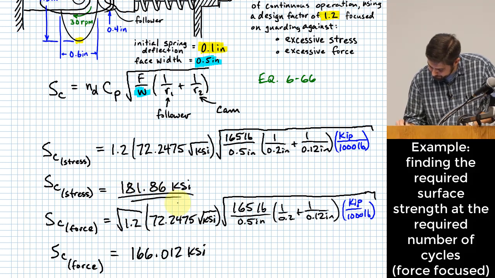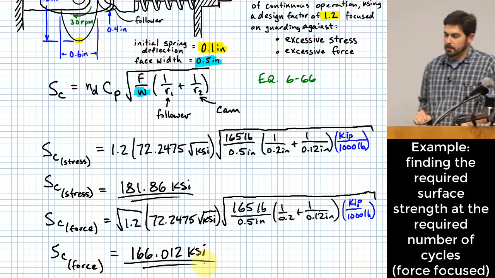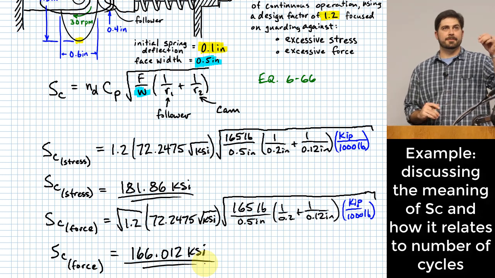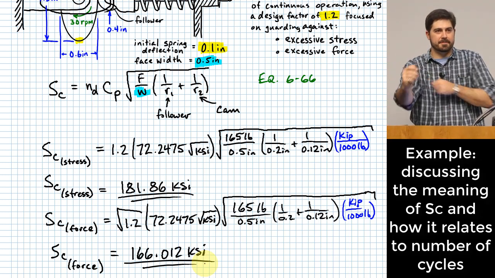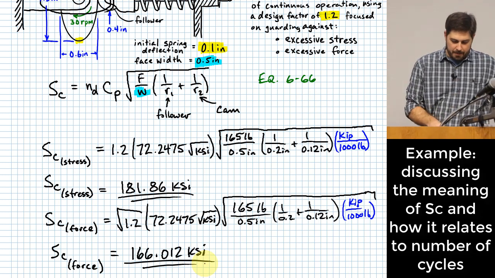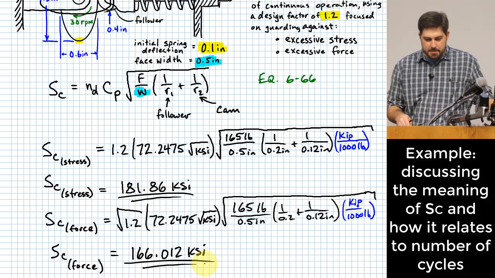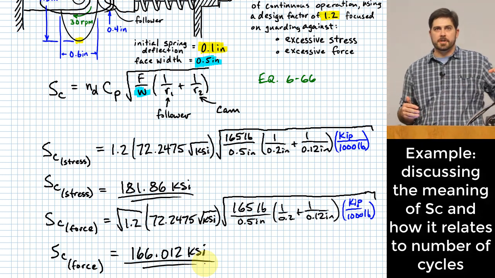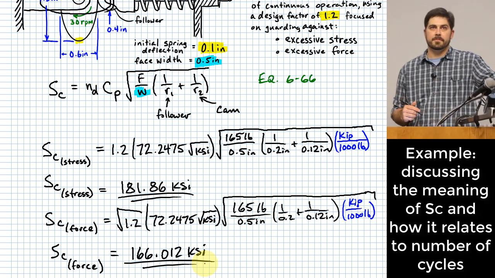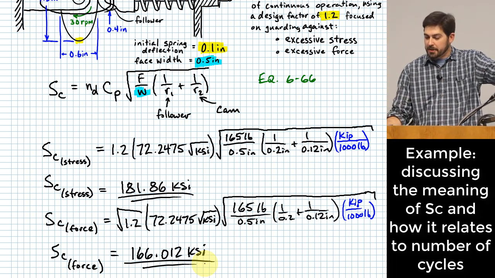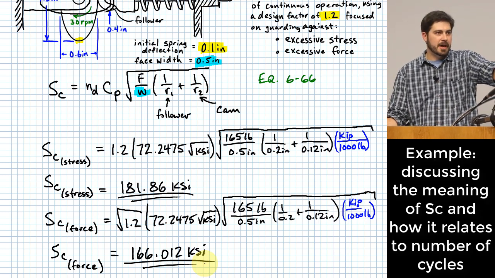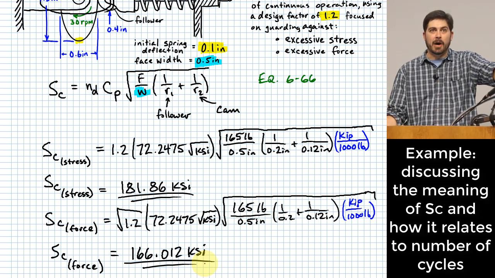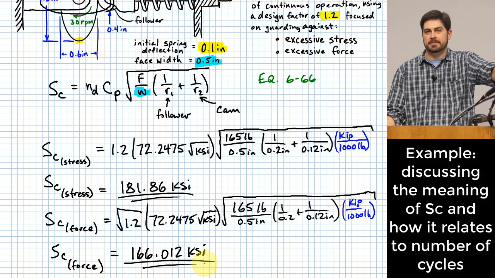Okay. So what? We've got S sub C. It's time to talk about what this means. S sub C is basically a surface contact strength, and what we have just calculated is the surface contact strength we need at however many cycles we need it.